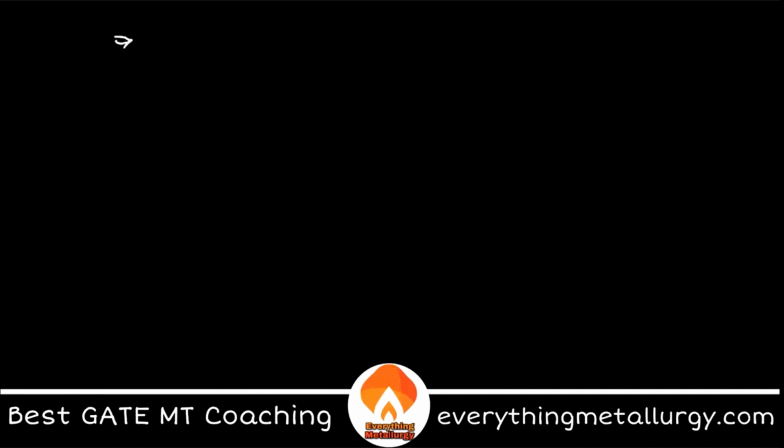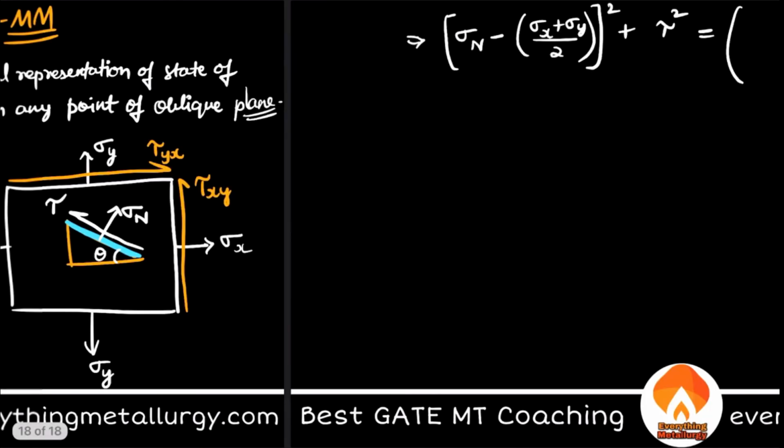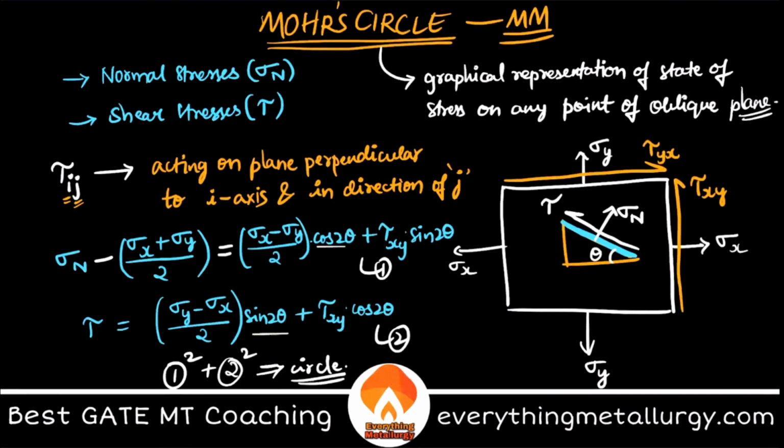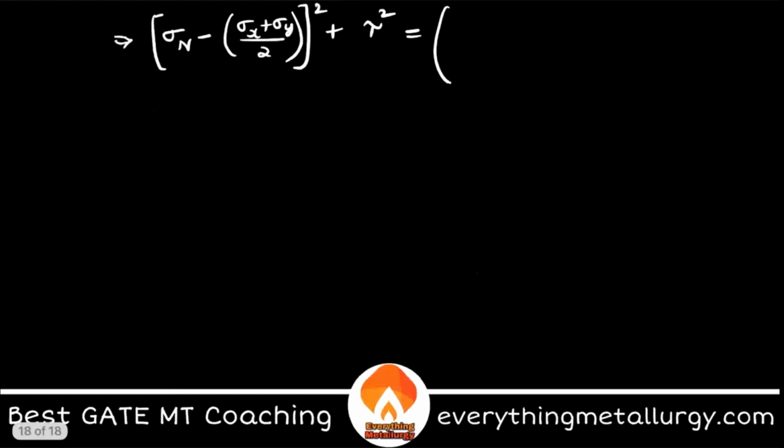It would be sigma n minus sigma x plus sigma y by 2, whole square, plus tau square. On the other side, because you have sine 2 theta and cos 2 theta, when you are squaring and taking common, they vanish, and you will be left with sigma x minus sigma y by 2, whole square, plus tau xy square.